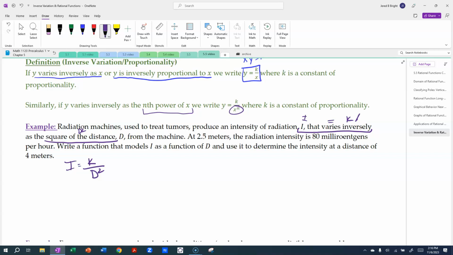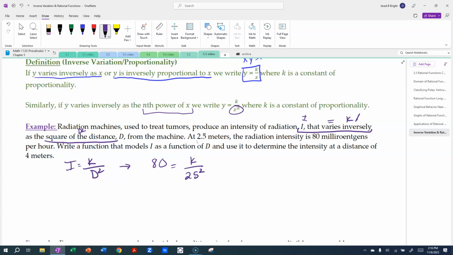So that's my equation. I don't know what k is, but I think the next sentence helps me figure it out. At 2.5 meters, so k over 2.5 squared, the radiation intensity is 80 milliroentgens. I hope I said that right. This gives me enough to figure out my equation.